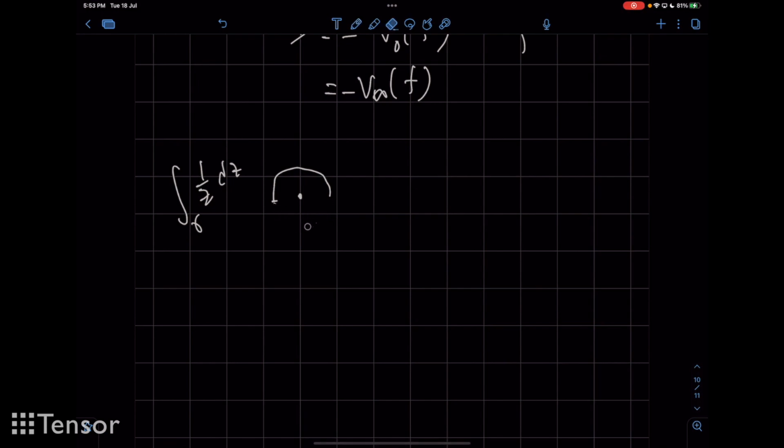Can someone tell me what the integral should be? We know that if gamma is the whole unit circle, then this integral is 2 pi I. What if gamma is the half unit circle? Pi I. Is that correct? Yeah, I think so.